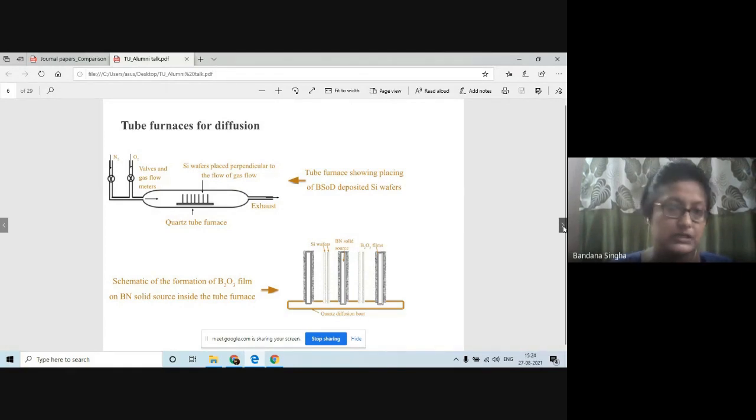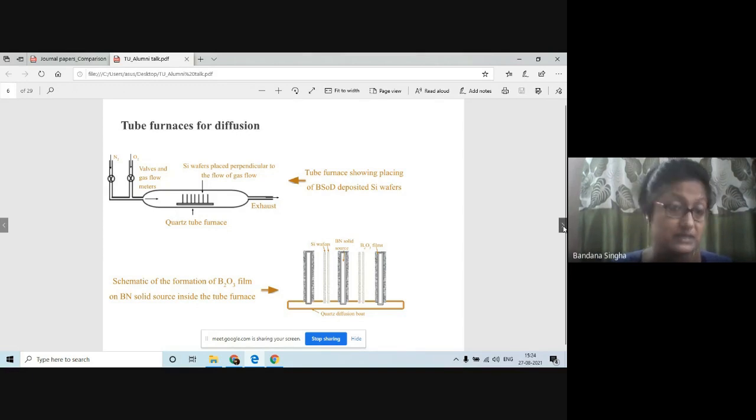But in the case of the boron nitride solid source, we need to activate the source. First, the activation is done at 975 degrees Celsius, and the sources are sized according to the wafers we use in that quartz tube.